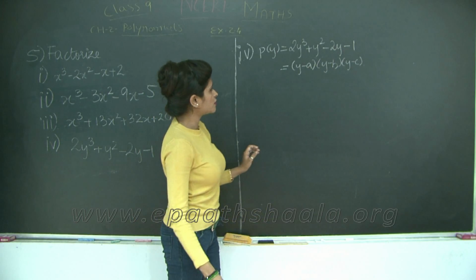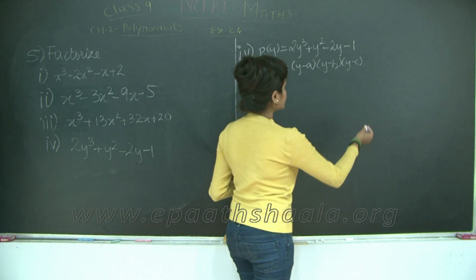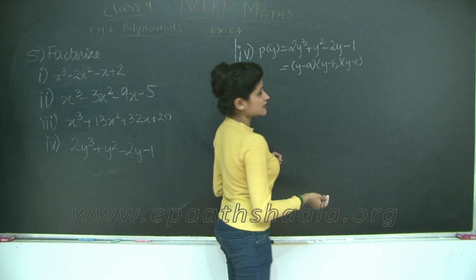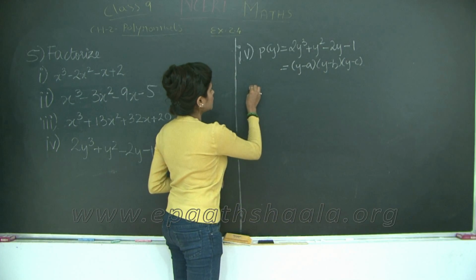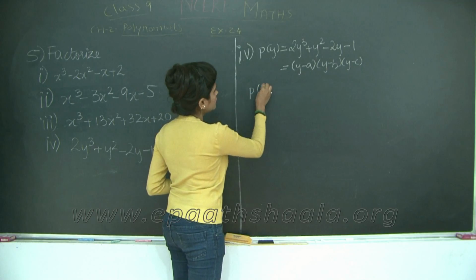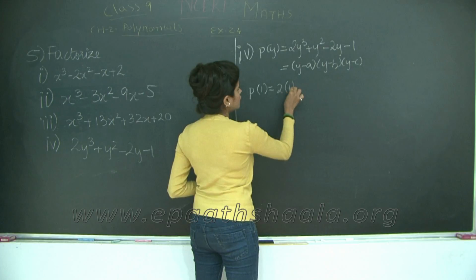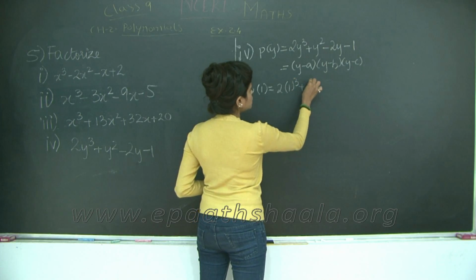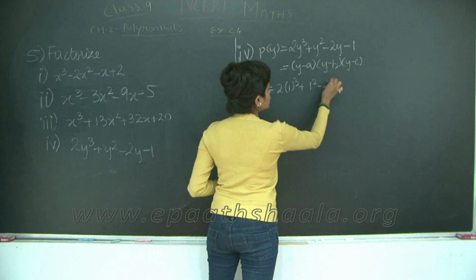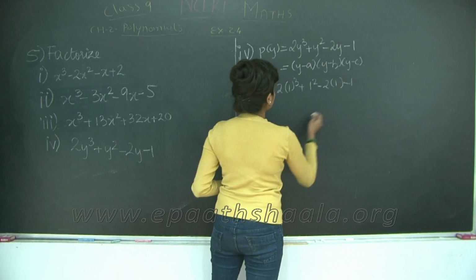Let's see the possible factors. The possible factors are plus and minus 1. So let's find p of 1. 2 into 1 the whole cube plus 1 square minus 2 into 1 minus 1, right?